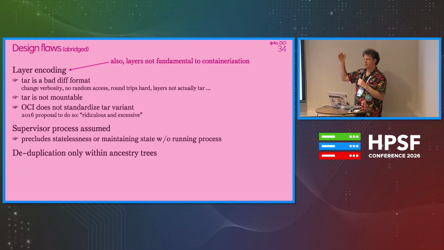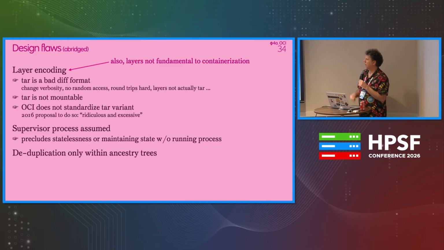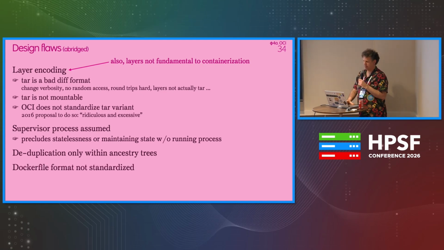Because layers build on top of each other, there's some deduplication in that if a lower layer has a file, the upper layers get it implicitly. But if two layers don't have any ancestry in common, they cannot deduplicate that file. Our build cache can do deduplication across the whole thing. The Dockerfile format, everyone uses it. There's no standard.